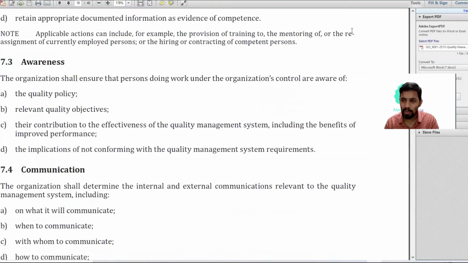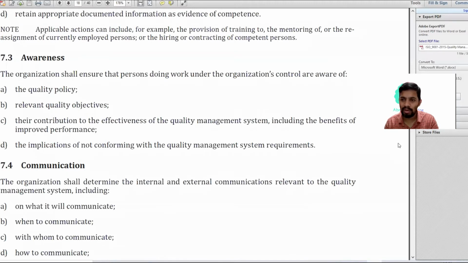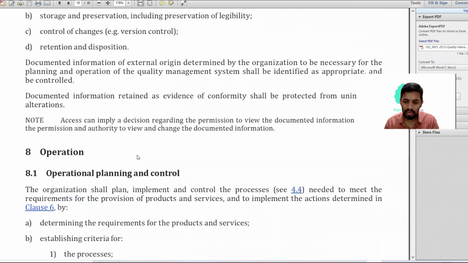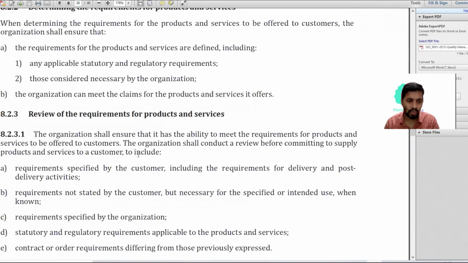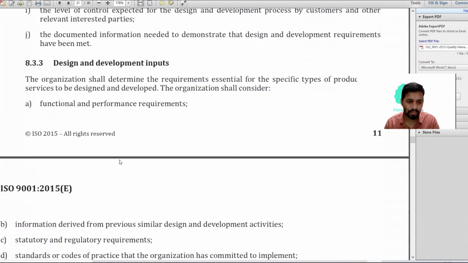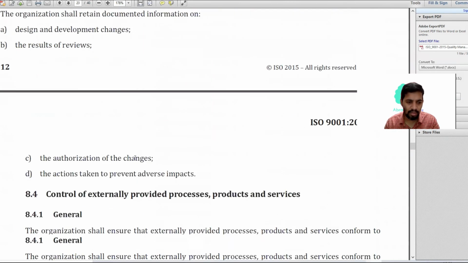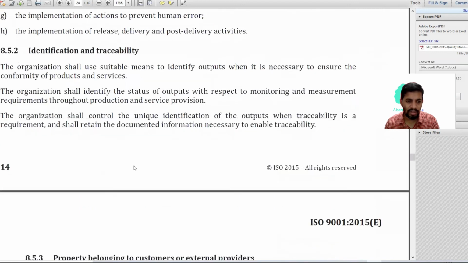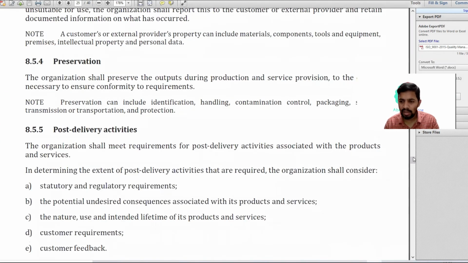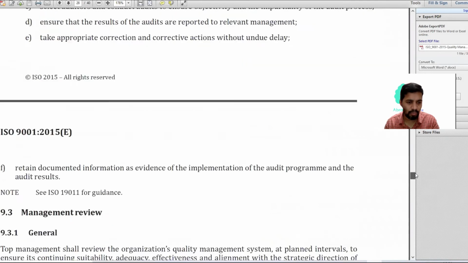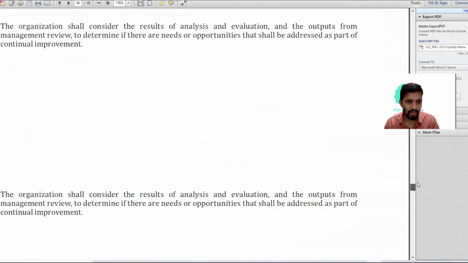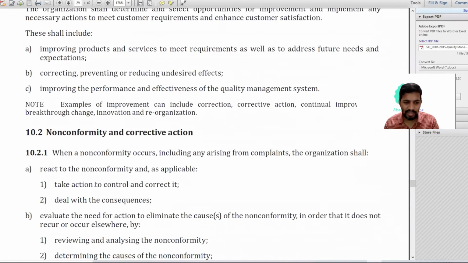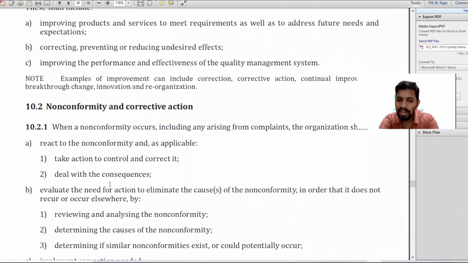So let's see 10.2. You will get to know more reference about it. So let's go to 10.2. Okay, 10.2 says very clearly, evaluate the need.